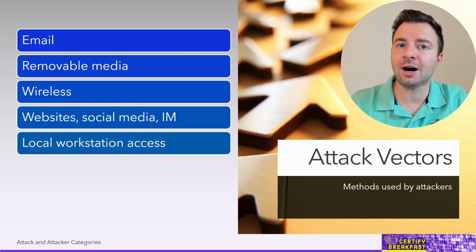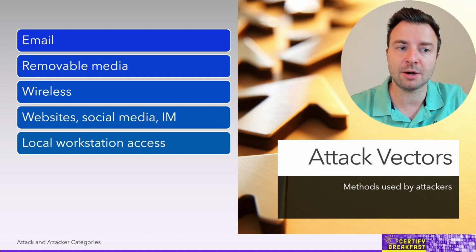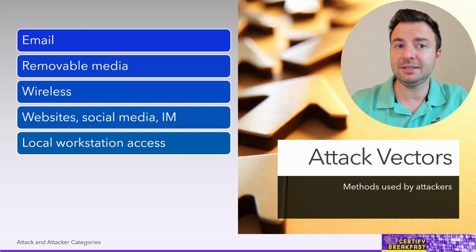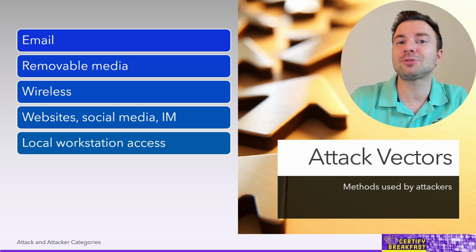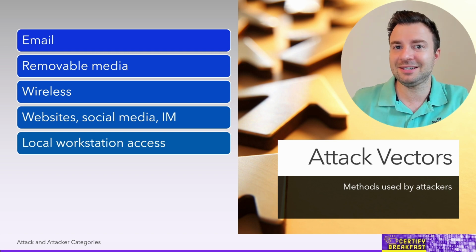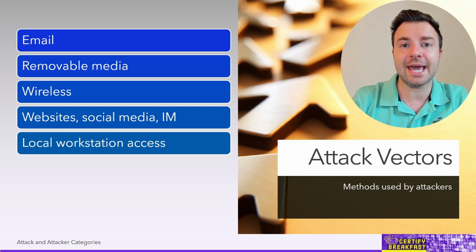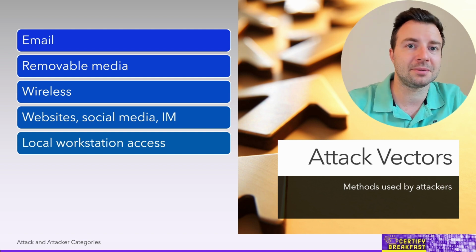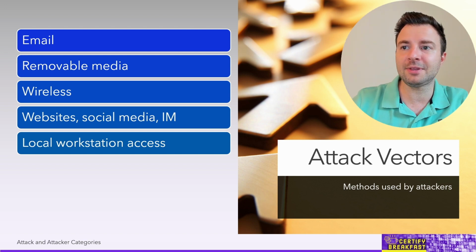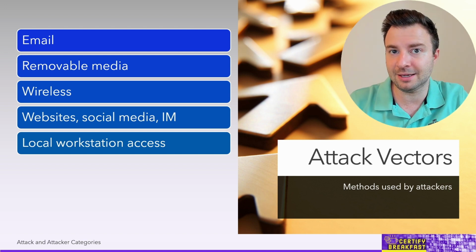Local workstation access. This one is often overlooked. People don't understand how critical this is. It's simply protecting your computer when you stand up from your desk and leave your desk. That is, don't allow anybody to just sit down at your desk and start typing at your computer. You might not know if there are guests in your open space.